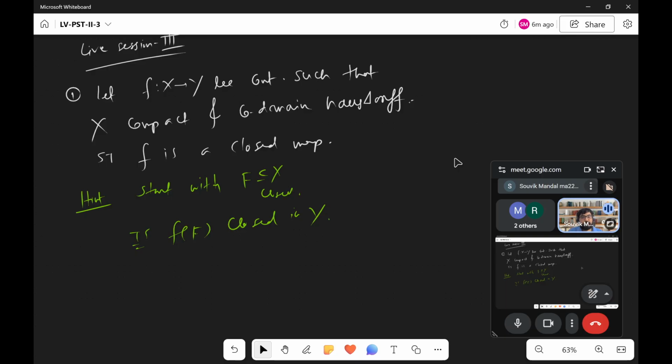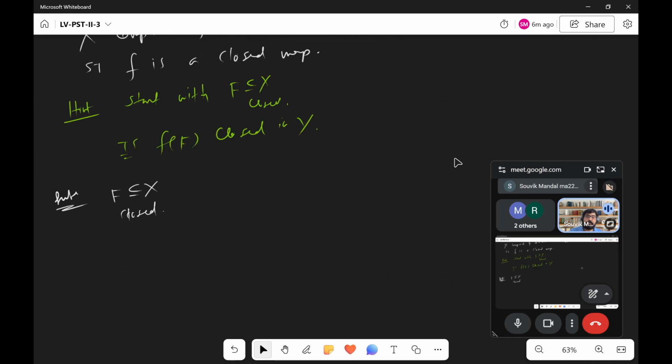Okay, so the argument is as follows. We have a closed subset F of X, right? Now it is known that a closed subset of a compact space is compact.